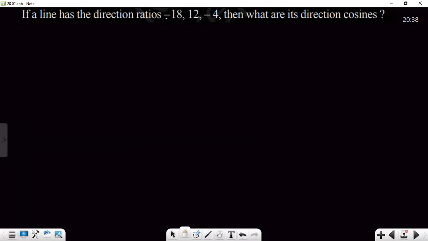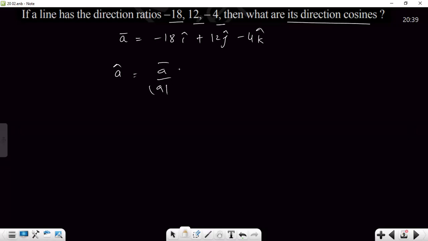If a line has these direction ratios, then we have to find out the direction cosines. If the direction ratio is given, we know the vector will be minus 18i plus 12j plus, sorry, minus 4k. Its unit vector will be given by this, and its coefficients will be the direction cosines.